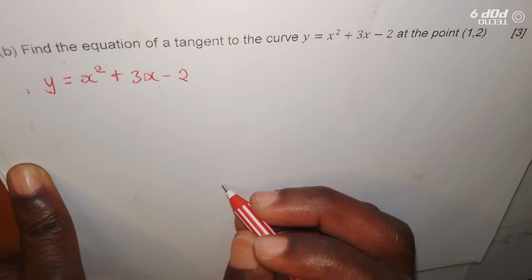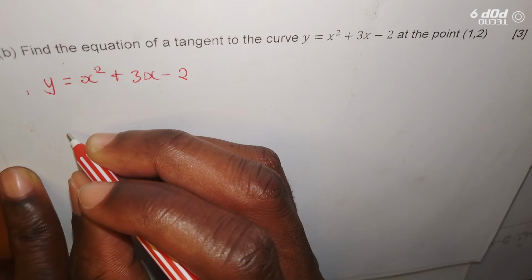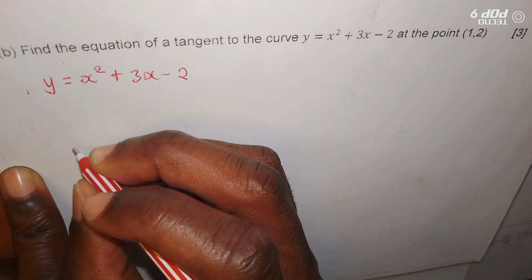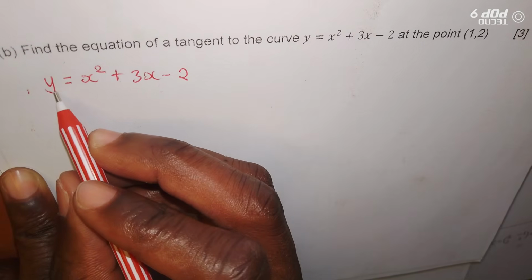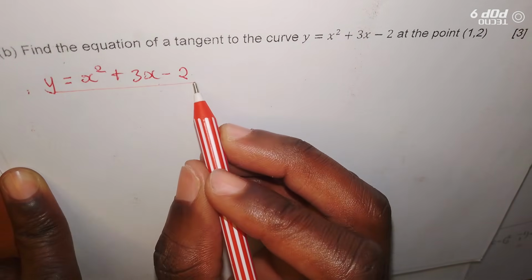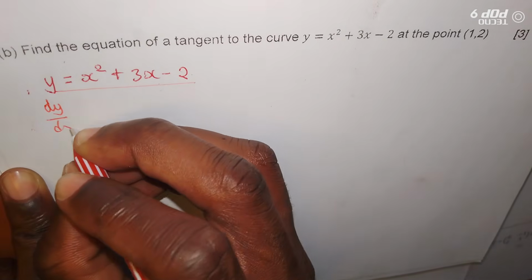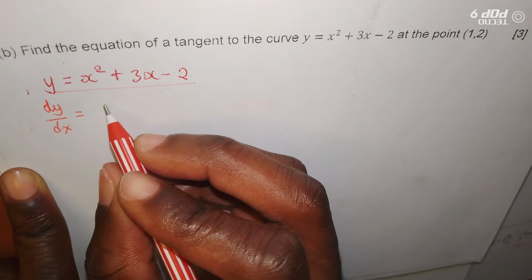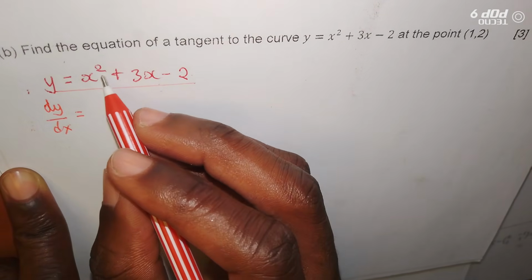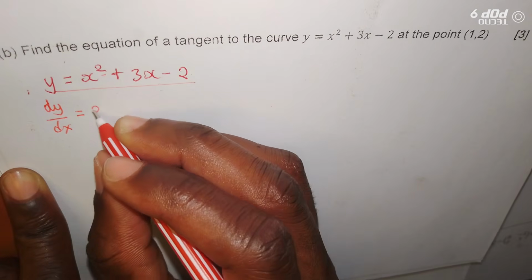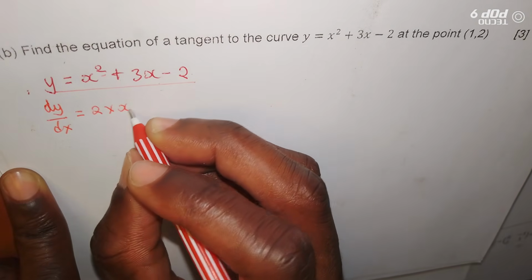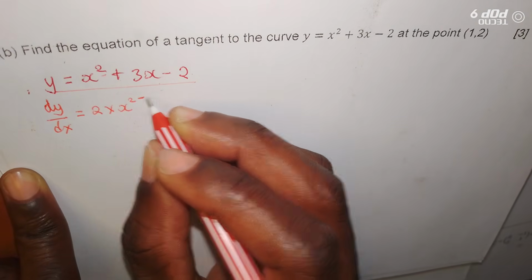So for you to find the equation of a tangent, the first step is differentiating this curve. So dy/dx is equal to, when differentiating we make the power the multiplier, so it is 2 times x to the power 2, then the power is reduced by 1.